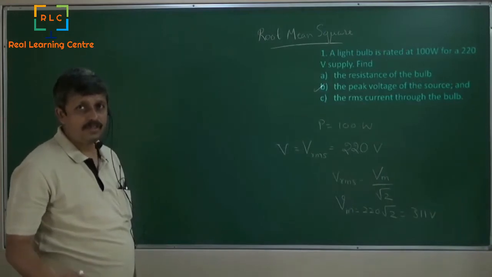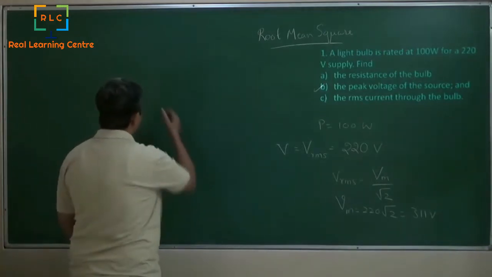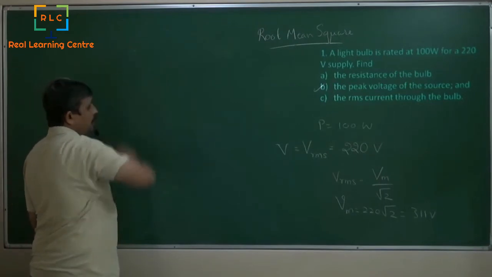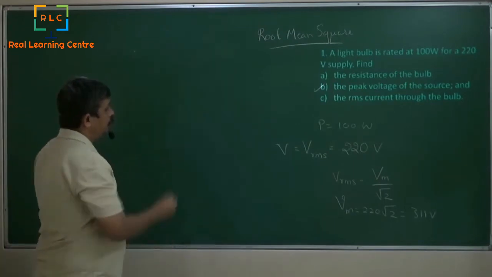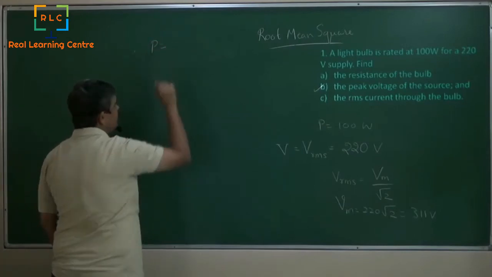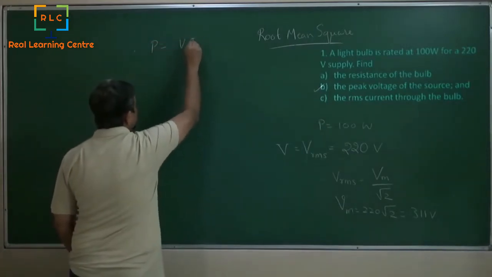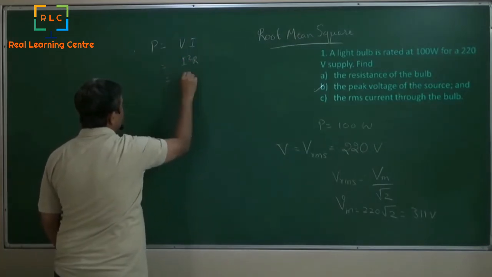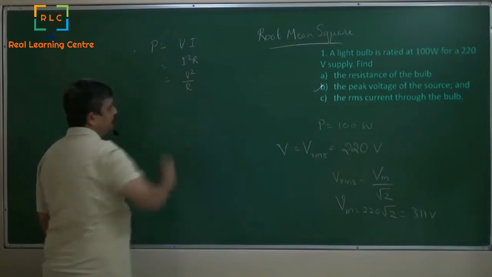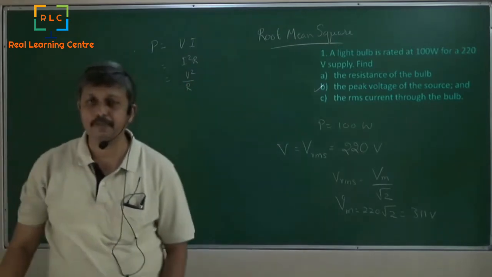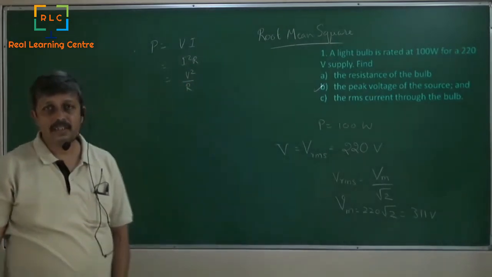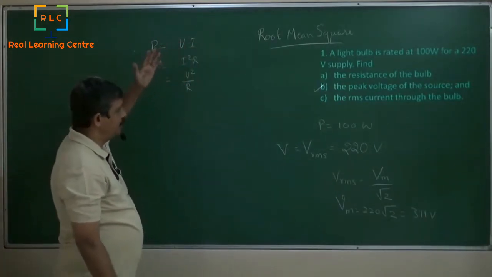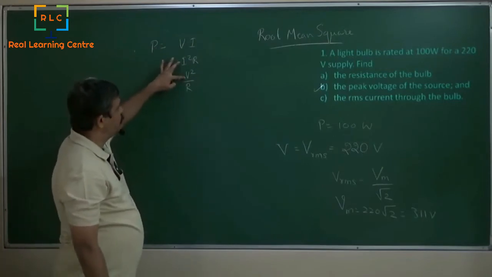Before going to that, we know that power can be given in three different ways: V into I, or I square R, or V square by R. In all three ways, power can be calculated. In the DC scenario, these were just standard constant currents and voltages. But in the AC scenario, these turn out to be the RMS values.